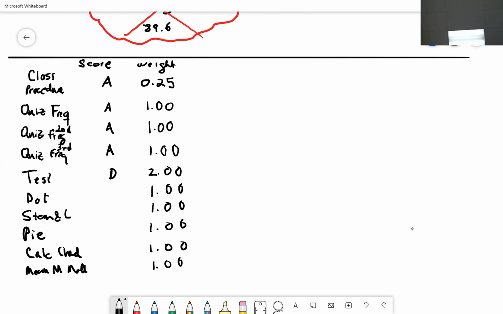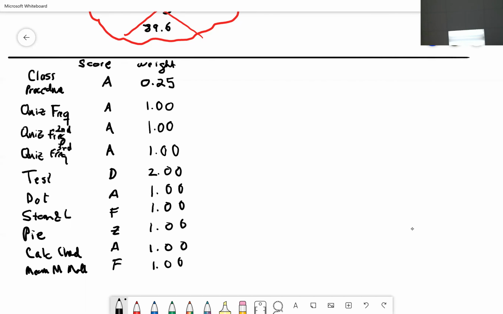And then an A for the dot plot, an F for the stem and leaf, a 0 for the pie chart, an A for the calculator check, and an F for the mean, median, mode.